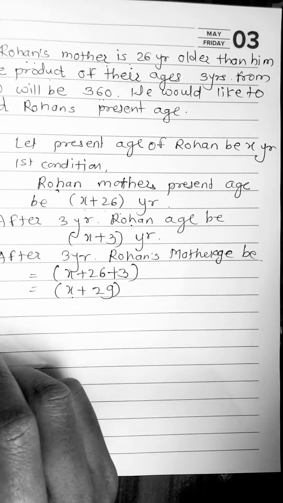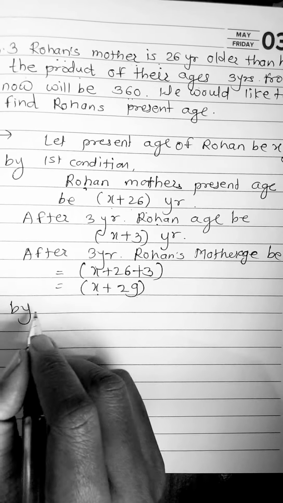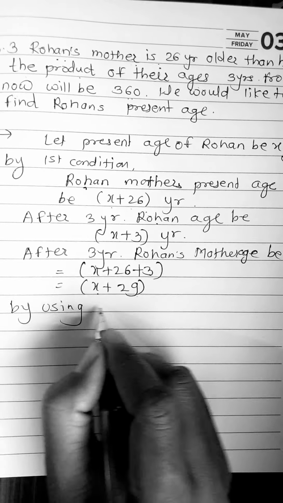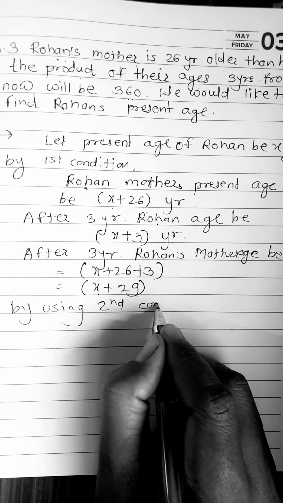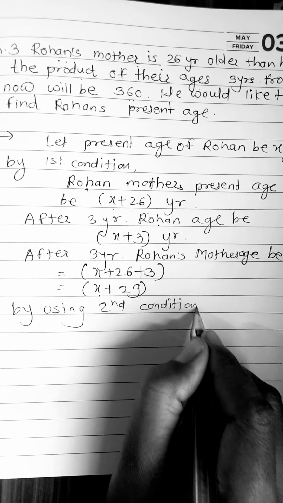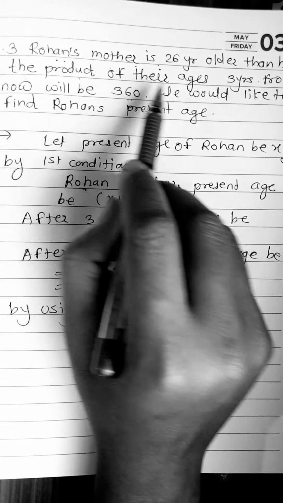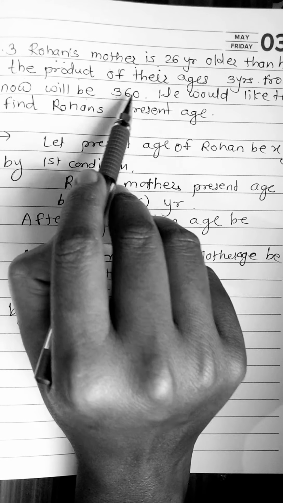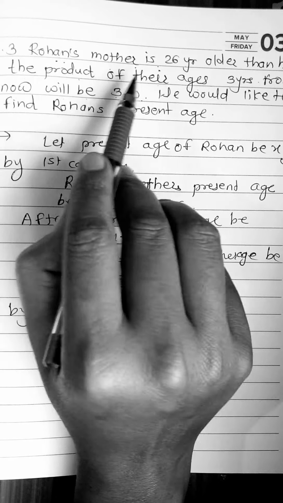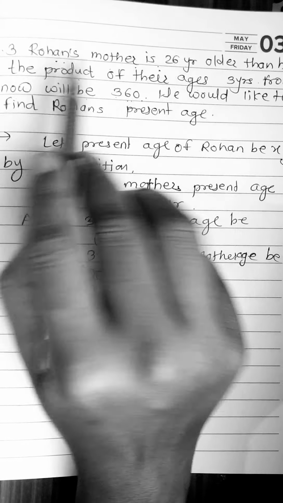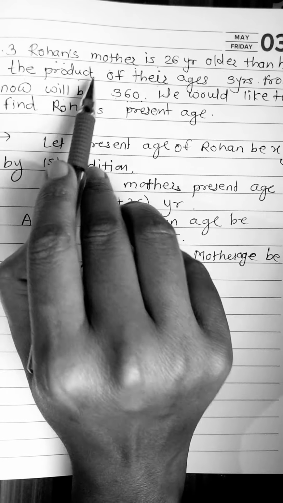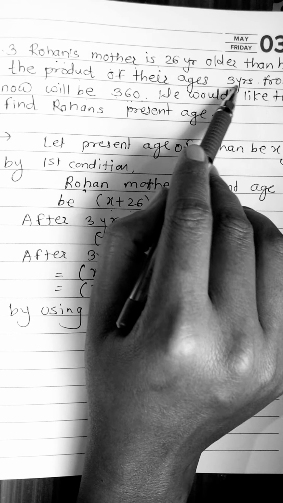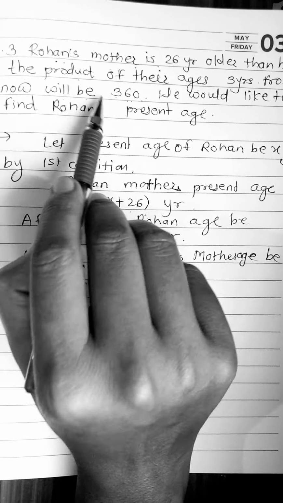Then by using the second condition, the product of their ages after 3 years from now will be 360.